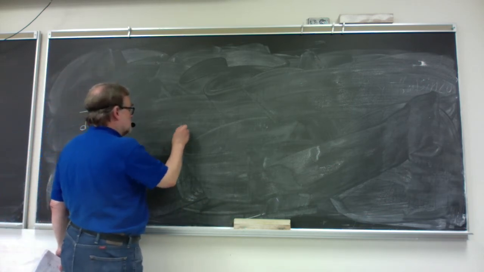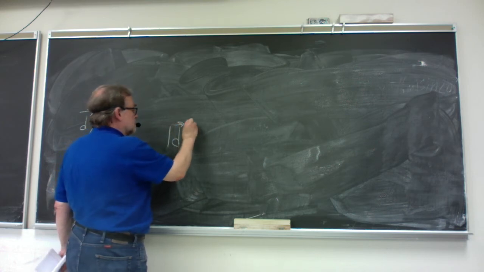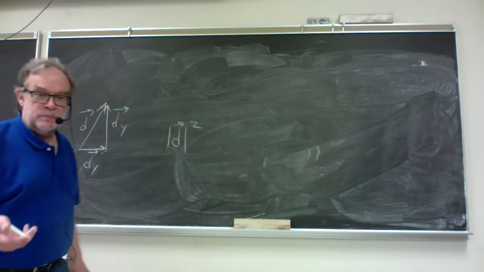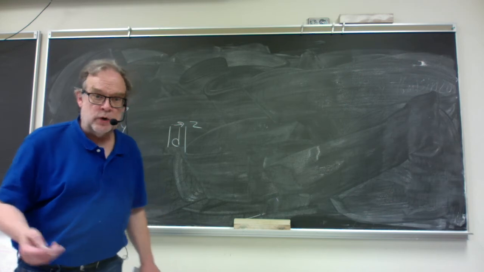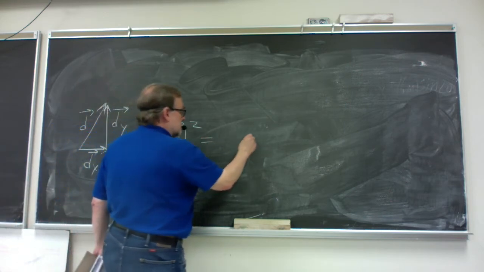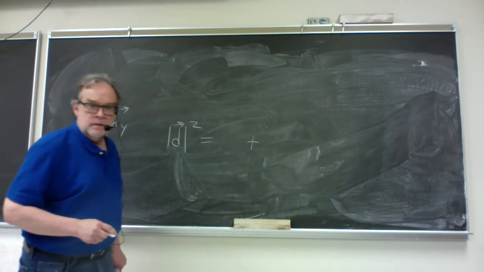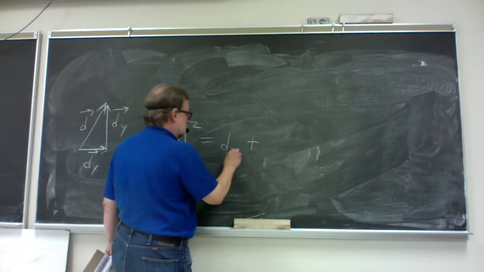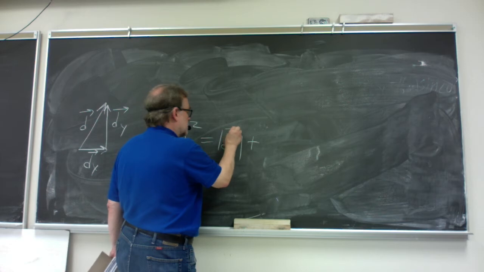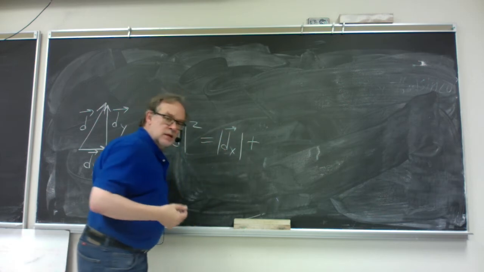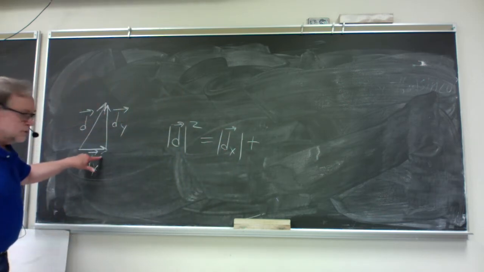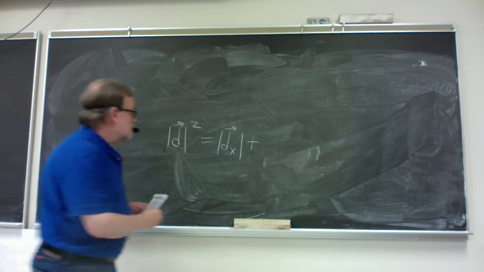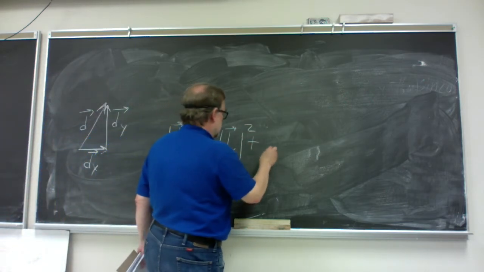So, magnitude of d squared, which corresponds to the length of the hypotenuse squared, equals the sum of the squares of the other two lengths. Magnitude of dx corresponds to the length of this side, square it.